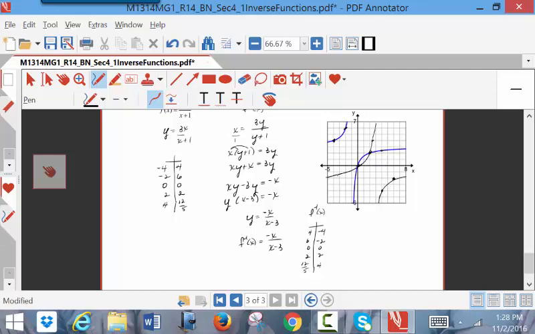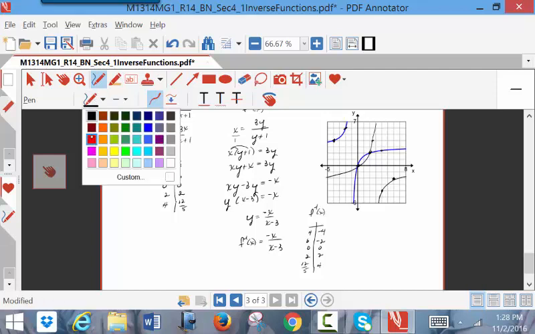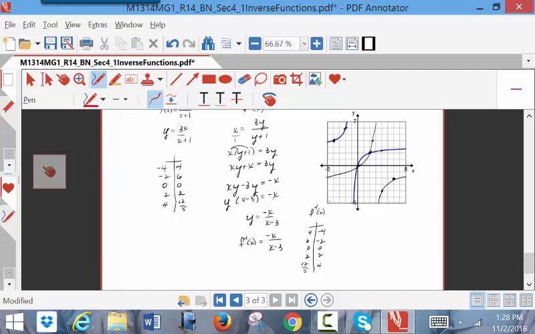There's your reflection. So you really have to plot. For me, that visual is kind of hard. So I have to plot points to be able to see that as a reflection over that line y equaling x.